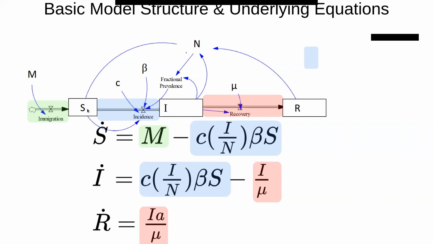The fuel for the fire has been largely used up. There's fewer and fewer susceptibles around. Each infective is less and less efficient at finding people to infect. More and more of the people around them have already been infected and can't be infected again. And the number of people recovering exceeds those coming in.